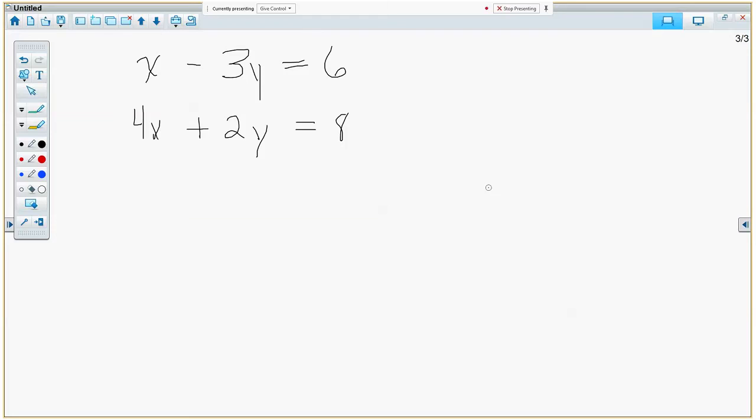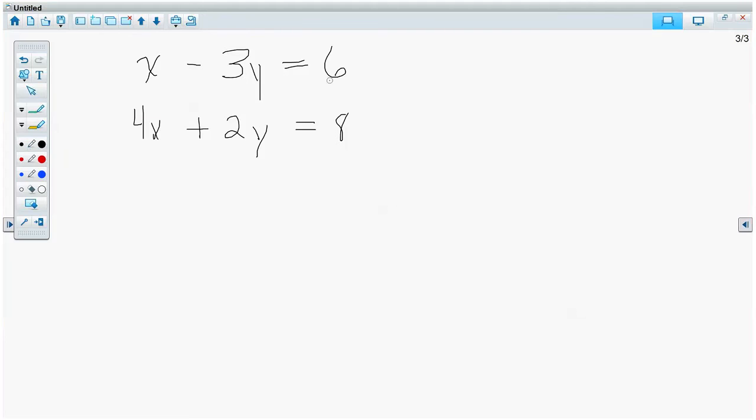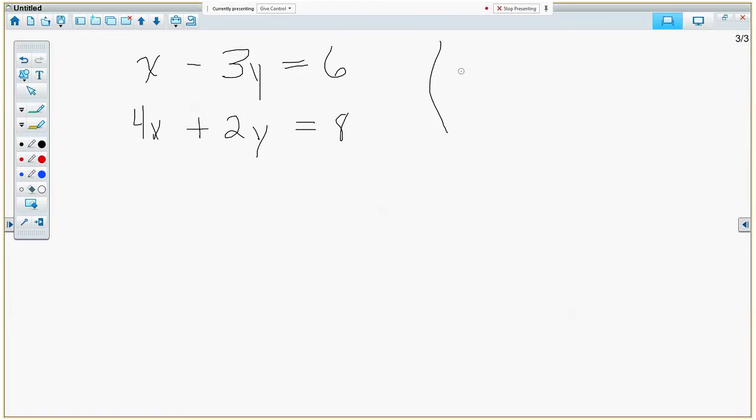So you don't have to do that one. What do you got to get rid of? A 4. What's the inverse of 4? So you're going to multiply something by negative 4. There's only one other row you can use.